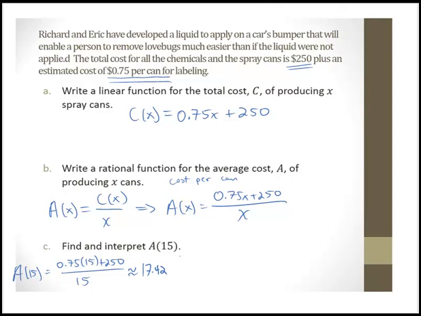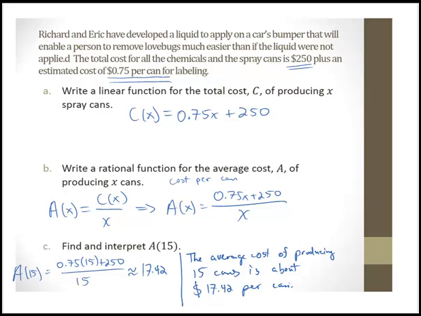Alright, so what does that say? The average cost of producing 15 cans is about $17.42 per can.